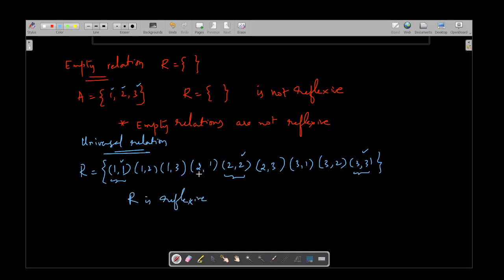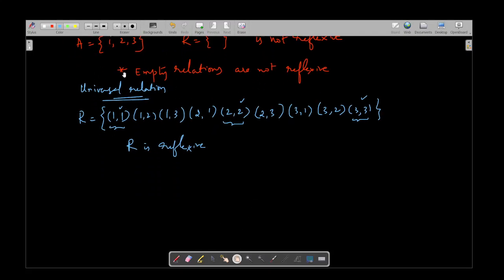Since the universal relation contains all the elements of the Cartesian product, we can say universal relations are always reflexive. In the coming videos, we can solve some problems on these.